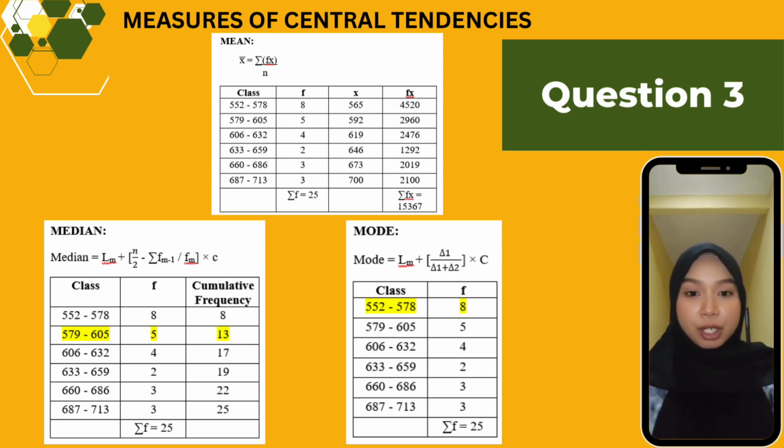The solution is to determine the location of the modal class based on the highest frequency. Based on the table, the modal class is 552 to 578. Next, determine the lower class boundary, then determine the class size. After that, determine triangle 1 and triangle 2, and finally you can calculate the mode from the formula.